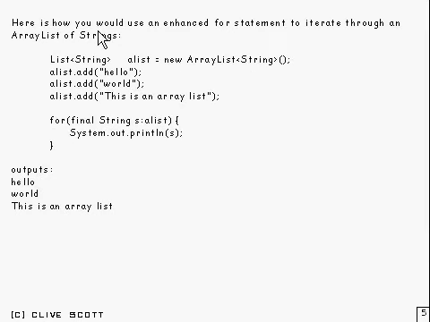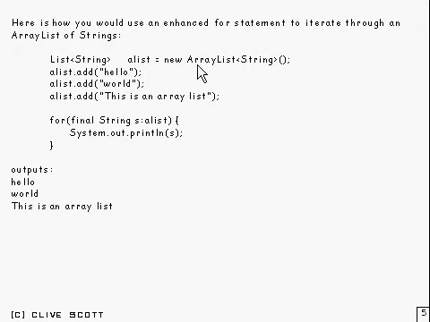Alright, here's the example. It's just going to iterate through an array list of strings. As you can see, these are generic types. They're from the Java collections classes.